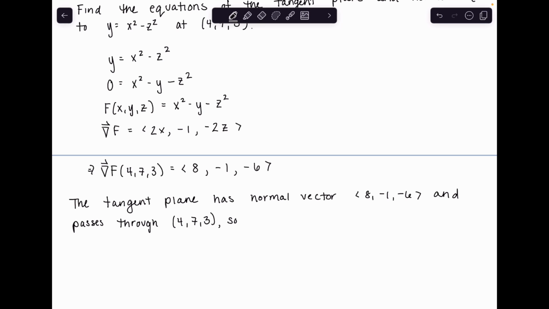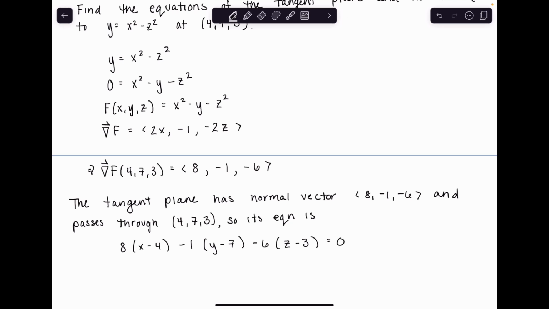So its equation is: the x component of the normal vector is 8 times x minus the x coordinate. The y component of the normal vector is -1, y minus the y coordinate. And then the z component of the normal vector is -6 times z minus the z coordinate.